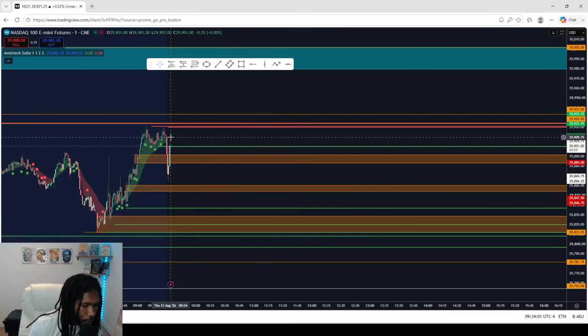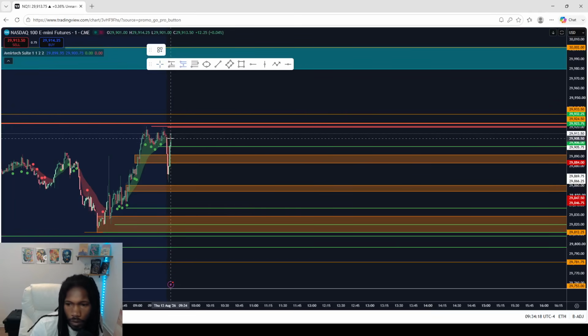Stops in profit. We get stopped out. That's cool. Stopped out in profit. Whatever. We had a short position right here at 90861.